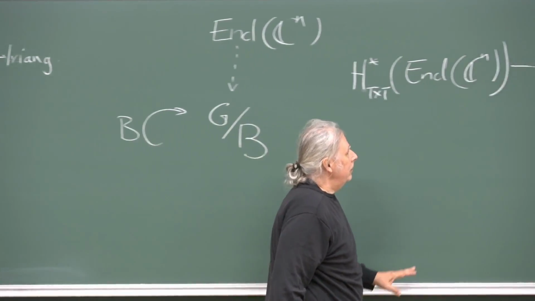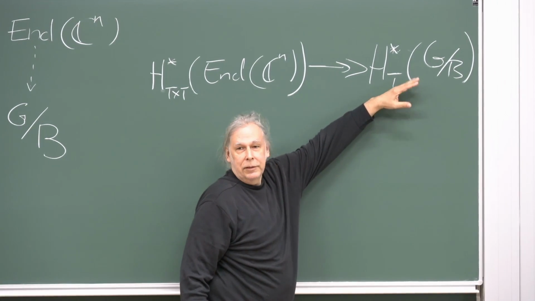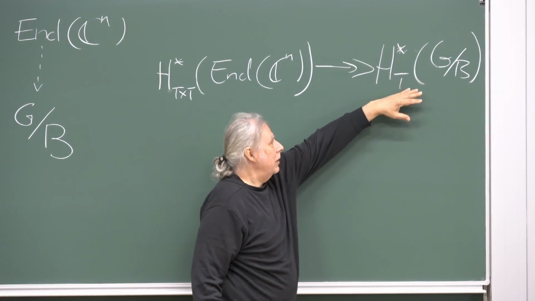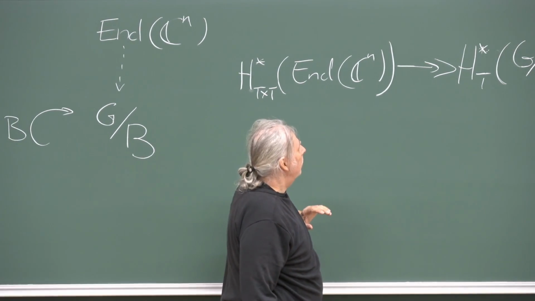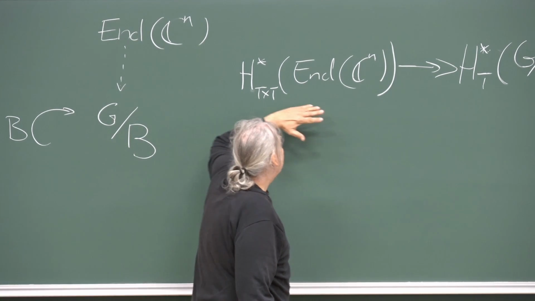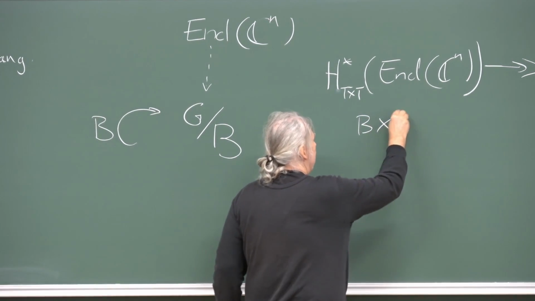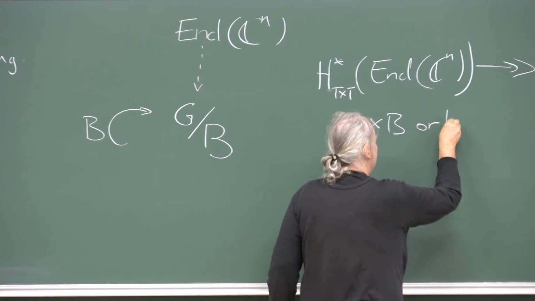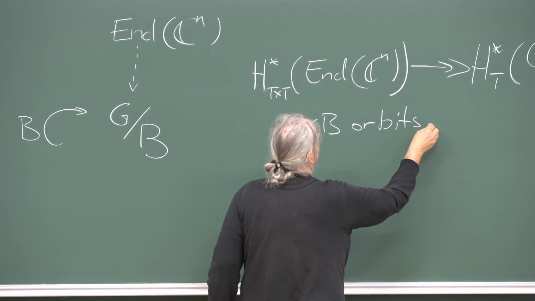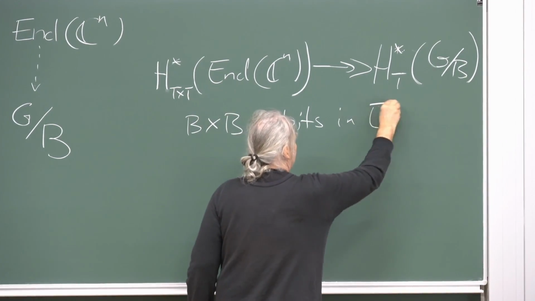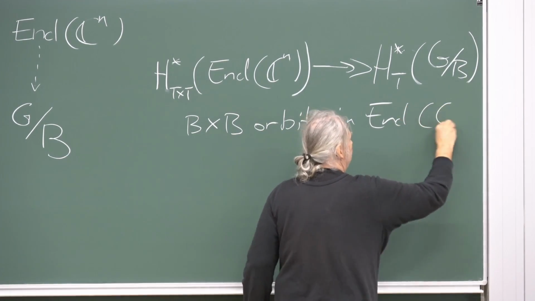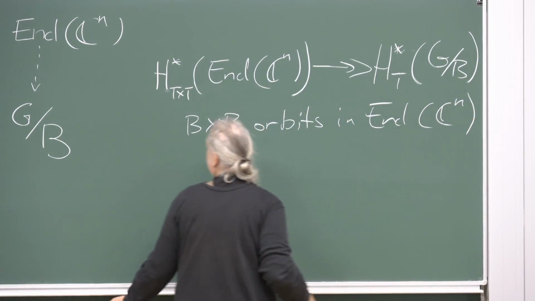So instead of tracing what happens for the Schubert varieties, I look at the B times B orbits in endomorphisms of Cn.